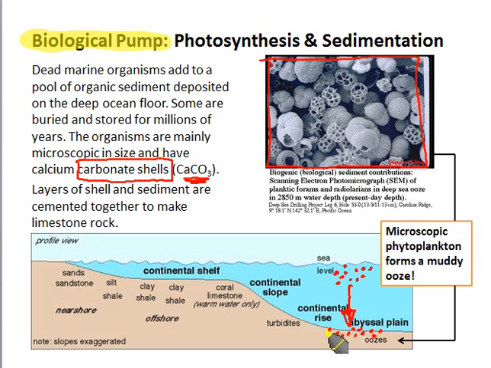Over time, these phytoplankton will form layers of shell and sediment, and they're cemented together to eventually form limestone rock. So that limestone rock has a biological component to it.